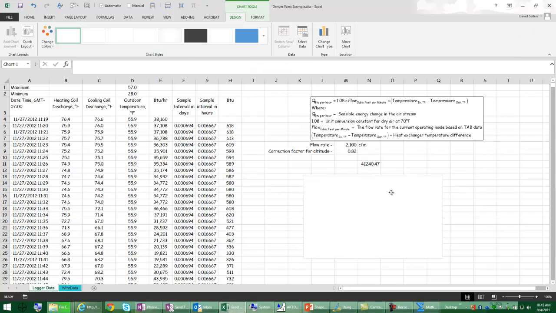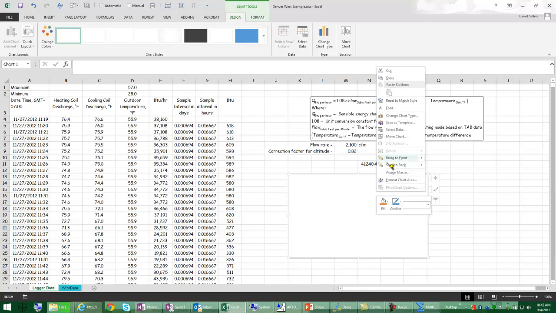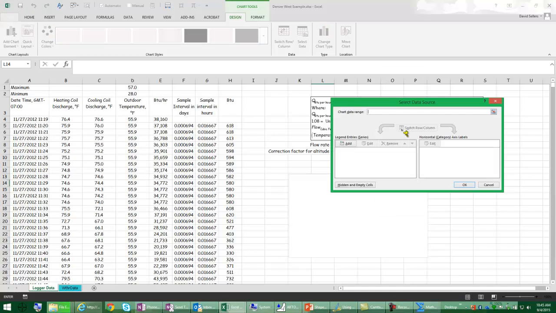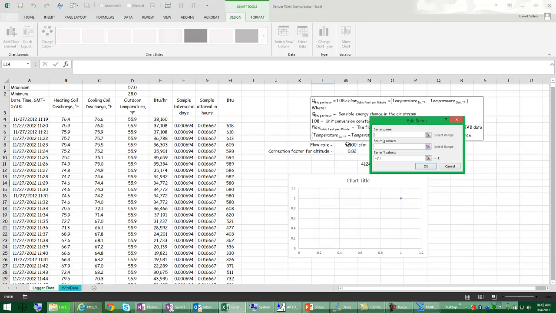So I'm going to insert a scatter plot, select data, and I'm going to add data that's going to be preheat load, let's say preheat BTUs per hour, versus outdoor temperature.